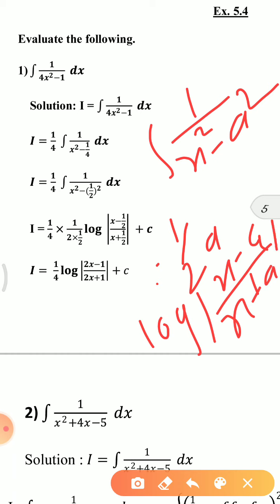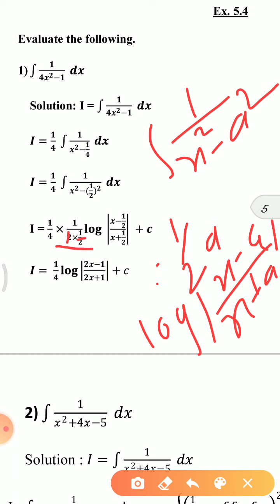Applying this formula here, 1/4 into 1 upon 2 into a, that is 1/2, into log of mod of x minus 1/2 upon x plus 1/2 plus c.